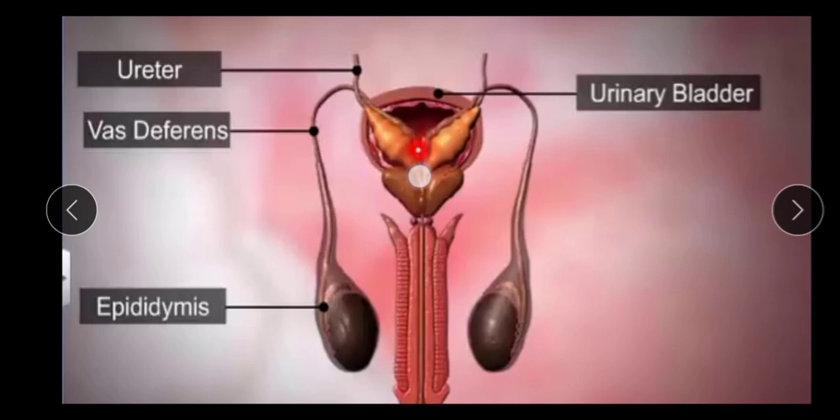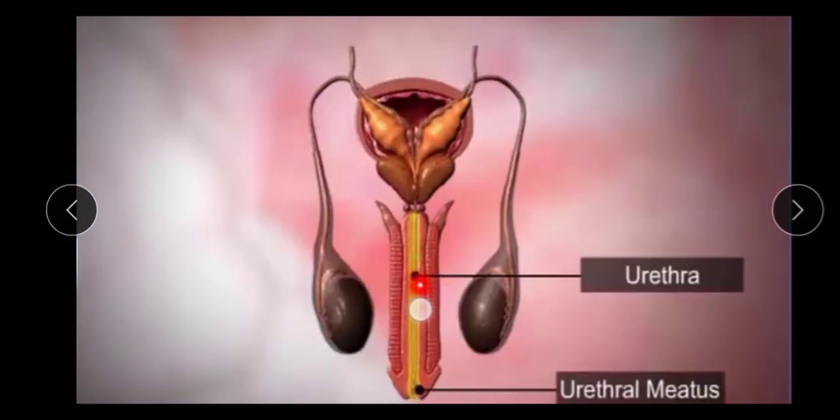While passing through it, the vas deferens receives the duct from the seminal vesicle, and after receiving it, it is called the ejaculatory duct, which opens into the urethra. This is the urethra, which arises from the urinary bladder and opens through the urethral meatus.